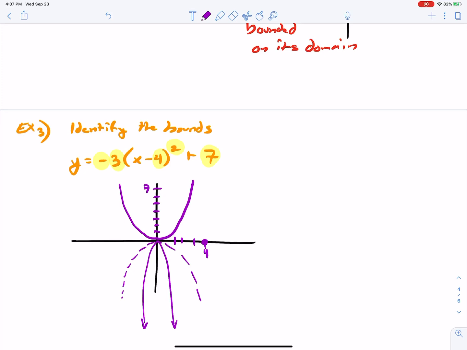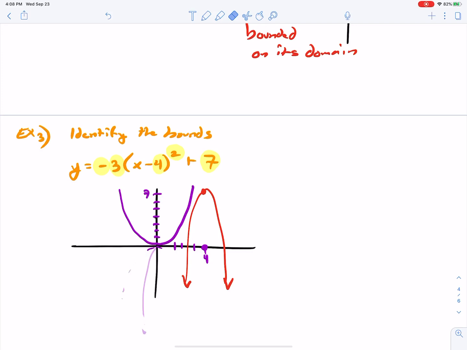So my final product should look like a very narrow upside down parabola that's pushed over 4 units to the right and 7 units up. Okay, I'll get rid of everything else so that it's a little bit cleaner. And there you have it.